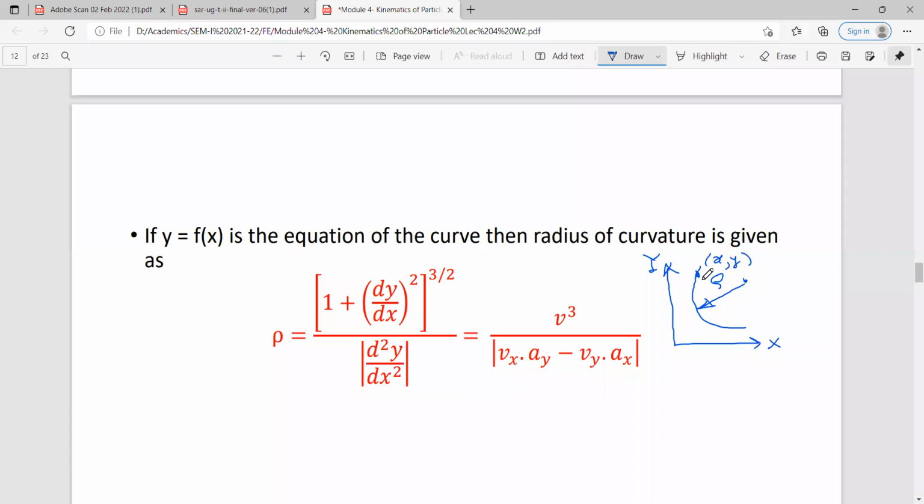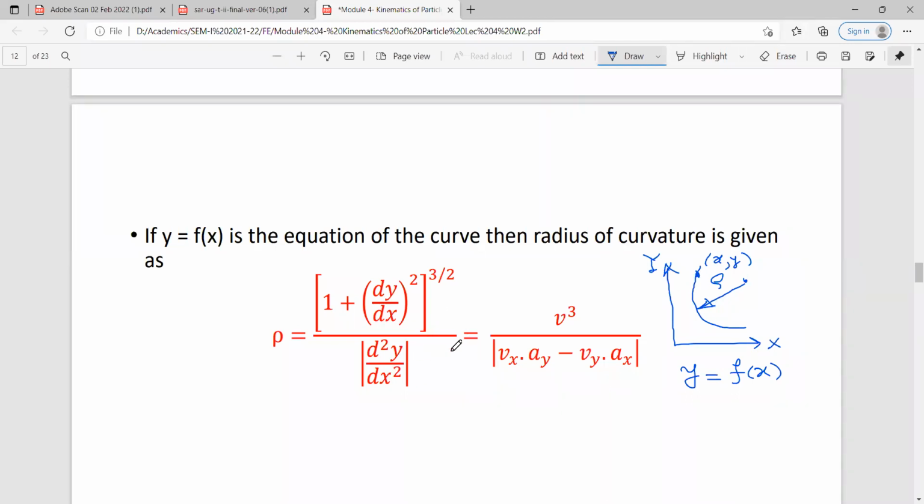And if y is expressed as a function of x, then these quantities can be found, dy by dx, like this. It is the modulus of this term, and radius of curvature can be found using this equation.